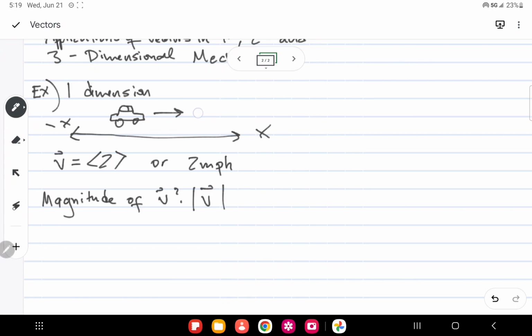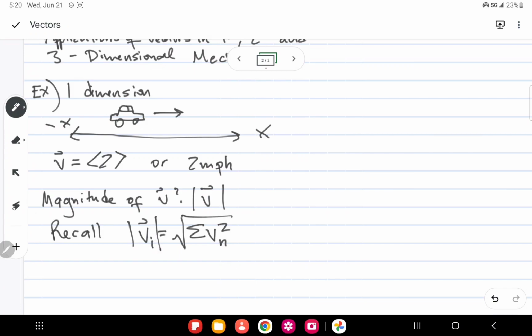So we know that that car is heading to the right, positive x direction, at 2 miles per hour. Remember the formula that we have: recall that for vector v, the magnitude is the square root of the sum of the squares of all the components inside that vector.